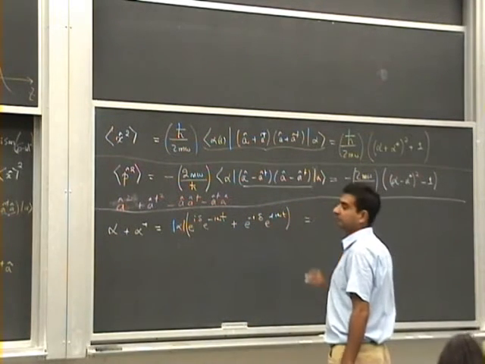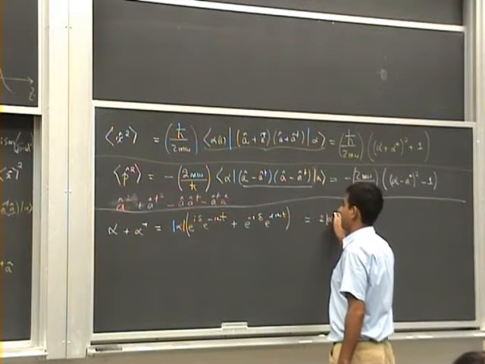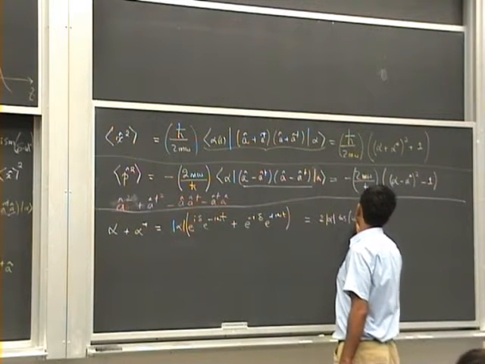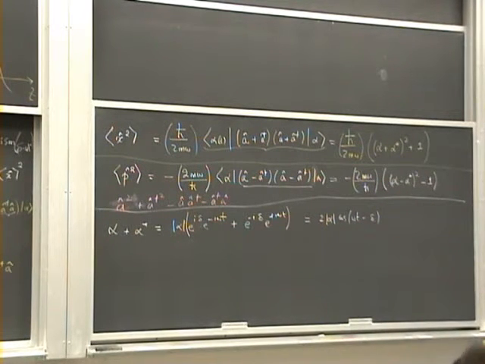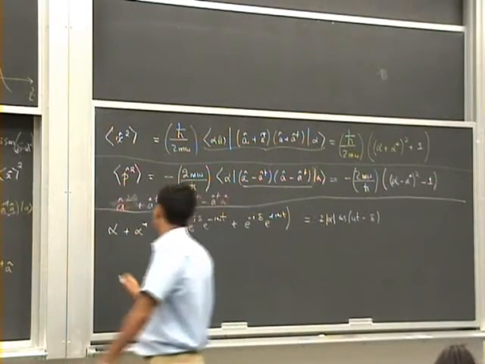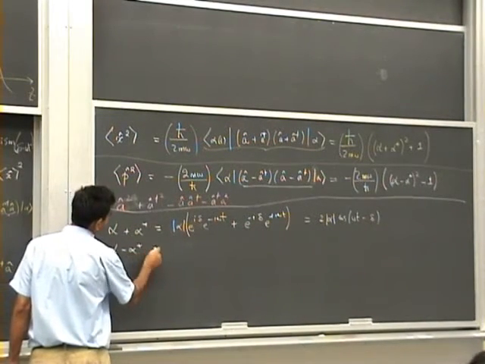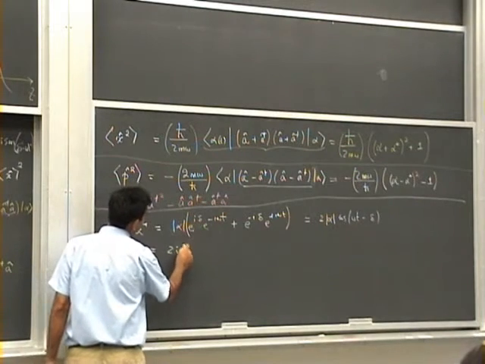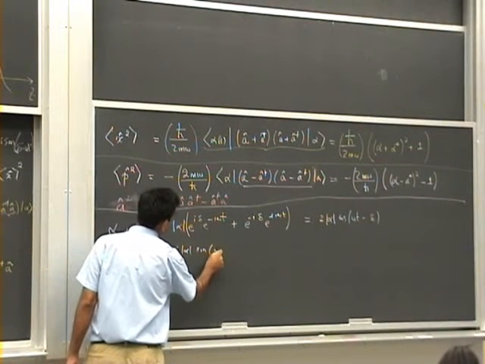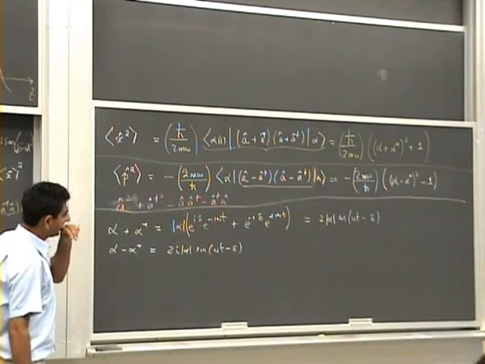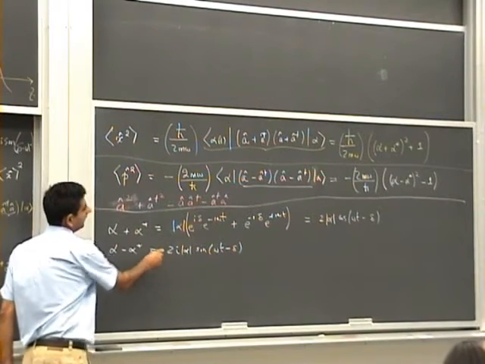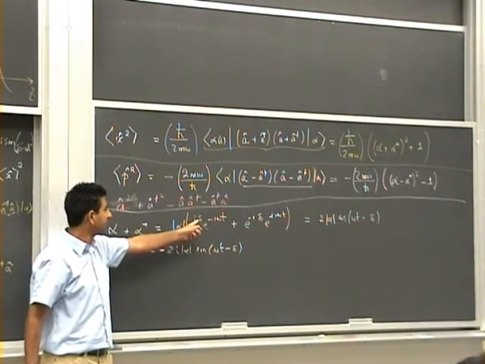This is 2 times alpha cosine of omega t minus delta. Just 2 times the real part of alpha. Likewise, alpha minus alpha star is simply 2i times alpha sine of omega t minus delta, with a positive sign or with a negative sign? With a negative sign, because I defined my alpha with the phase delta.